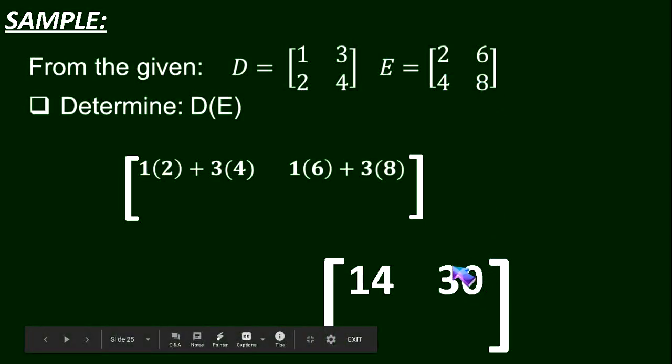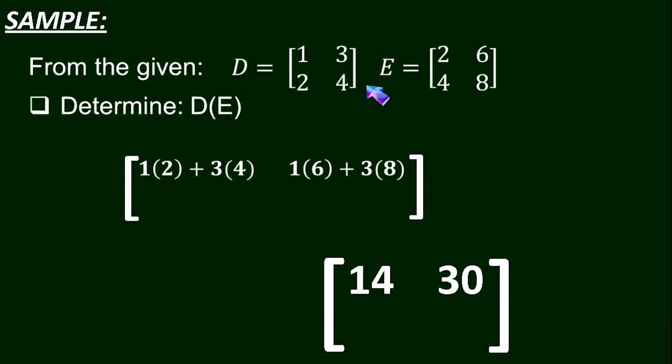Paki-check na lang kung tama yung values natin. So, yung magiging entry natin sa ating second row, first column, we have to multiply the second row times the first column of the second matrix. So, we have 2 times 2 plus 4 times 4. Yan yung magiging entry natin sa second row of the first column.